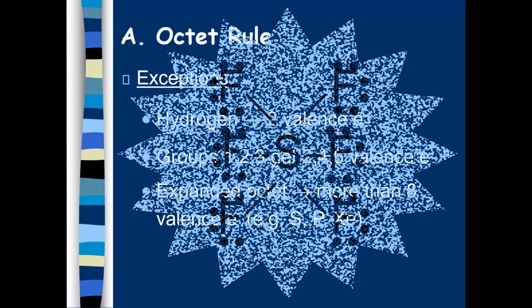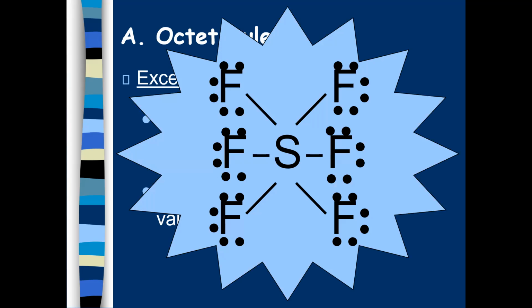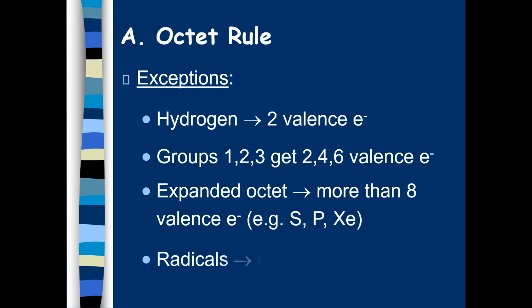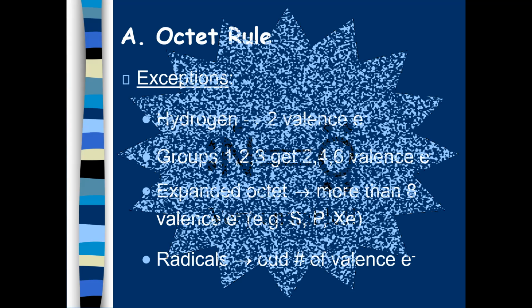And sulfur right here, as you can see, has 6 bonds, which means you have 12 electrons around sulfur in this case. And we'll look at that slowly after we do this. And then there are these things called radicals, which have an odd number of electrons. But those are very unstable and they don't last very long. Just so that you're aware that they do exist.